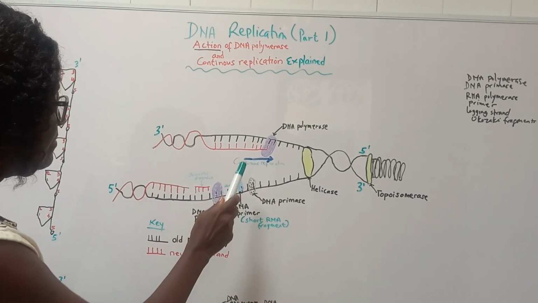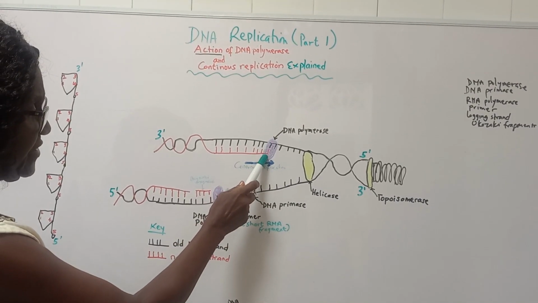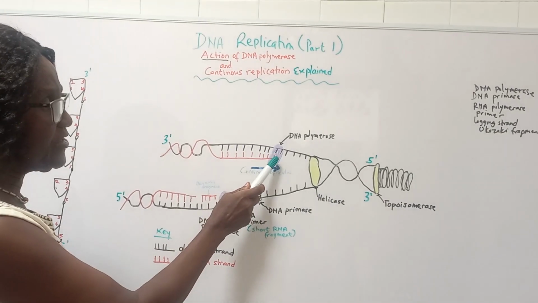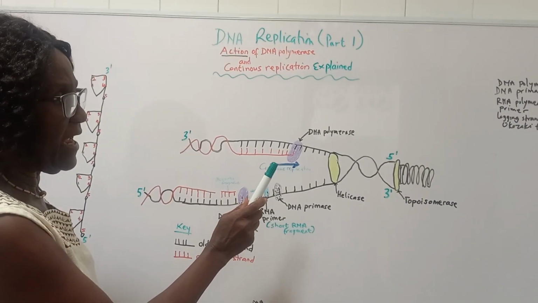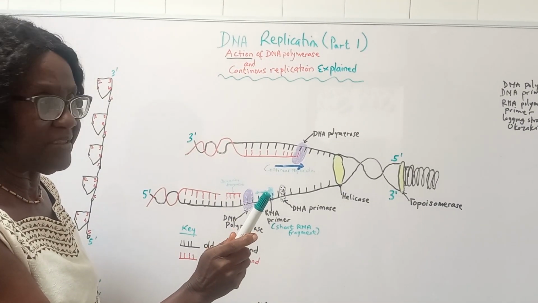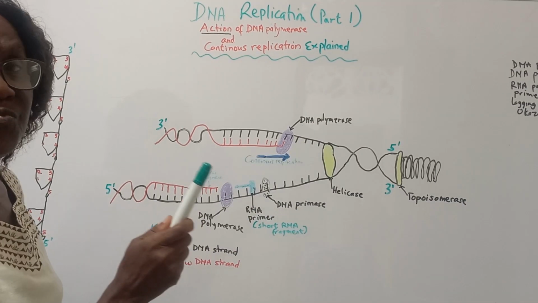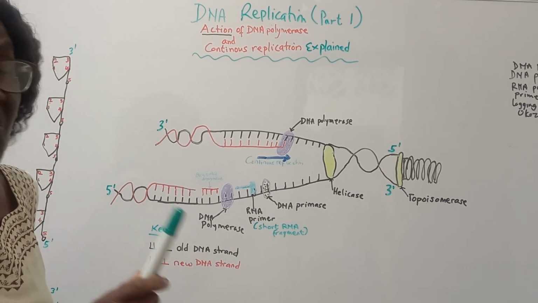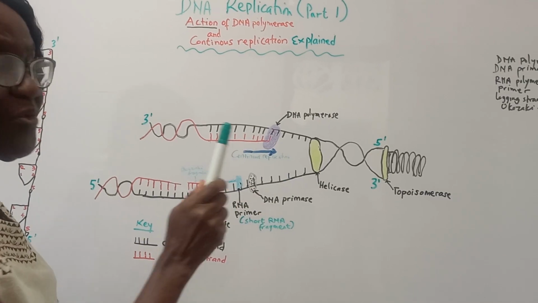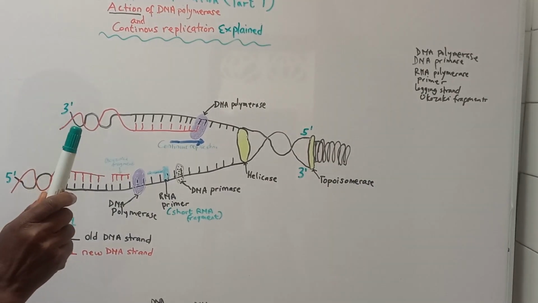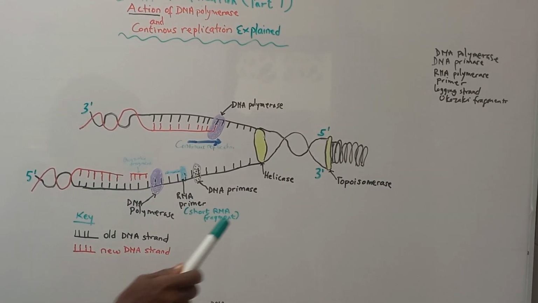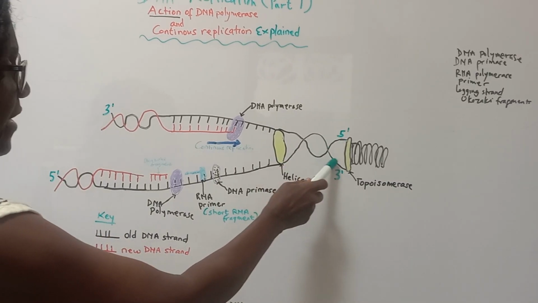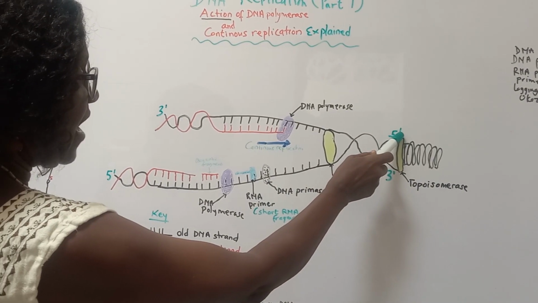The enzyme DNA polymerase copies one of the strands continuously, and we want to find out which strand. DNA polymerase is said to move in the 5 to 3 end. What does it mean? This DNA molecule, this is the 5 prime.